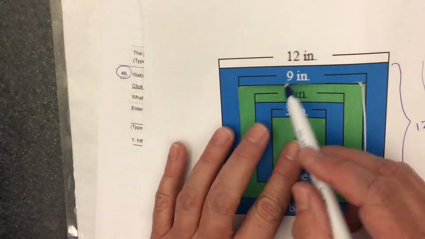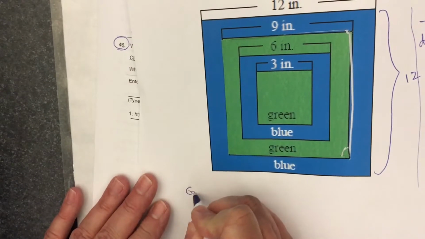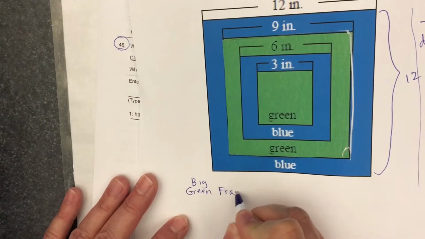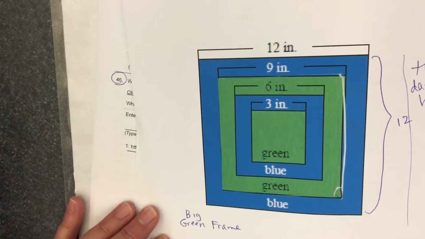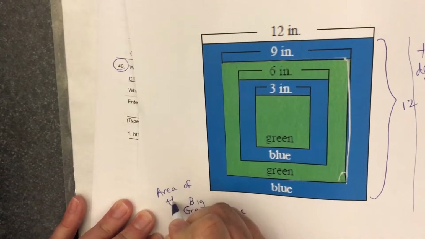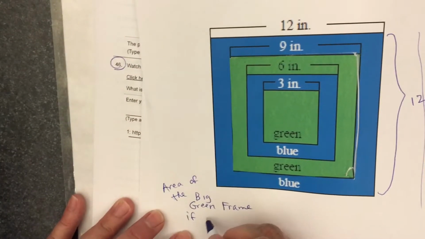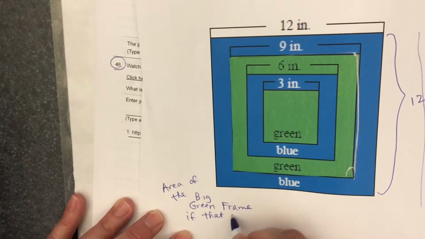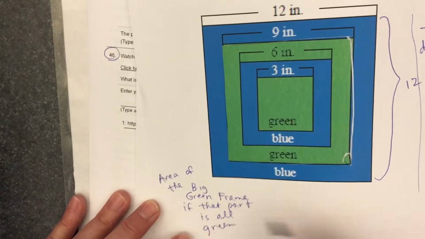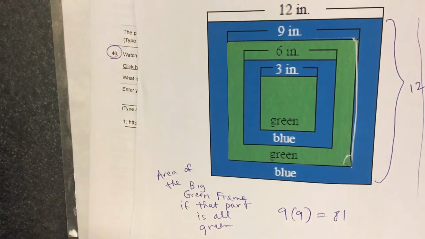Now the number at the top here, the 9, so that would be the big green frame. That would have area, area of the big green frame if it was completely green. If that part is all green, that would be 9 times 9, which is 81.